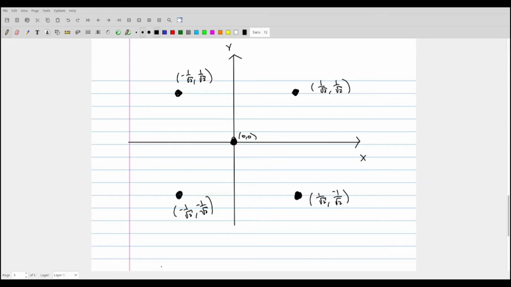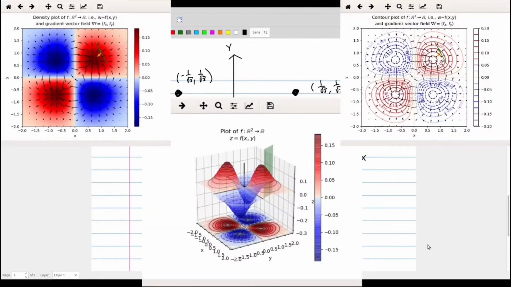And if we do a visualization of this function, we can clearly see exactly what this looks like. Using my Python code, I plotted each one of these out, and you can see that what we've computed is exactly correct. We'll look first at the 3-dimensional plot, the bottom plot here.